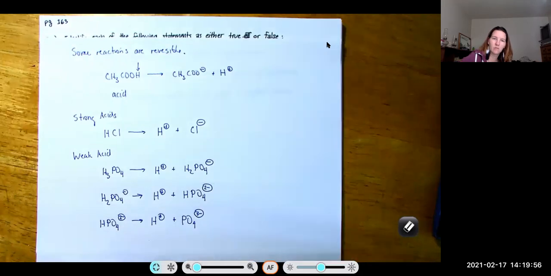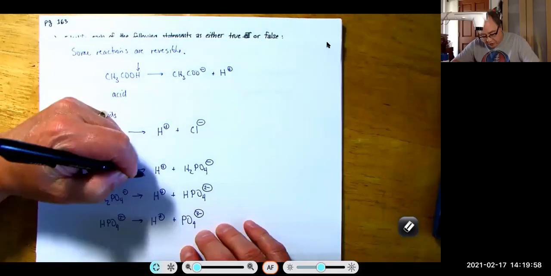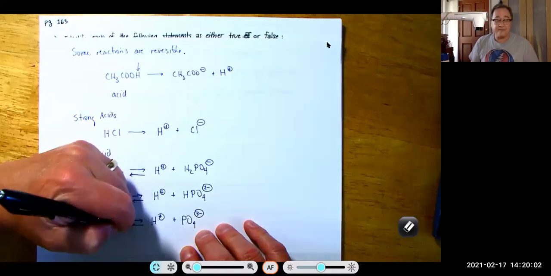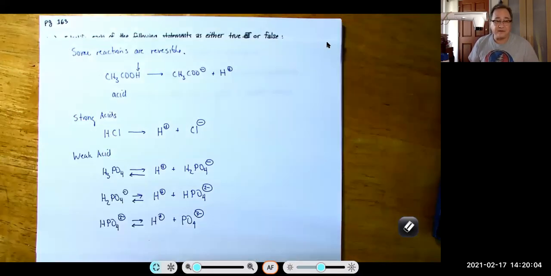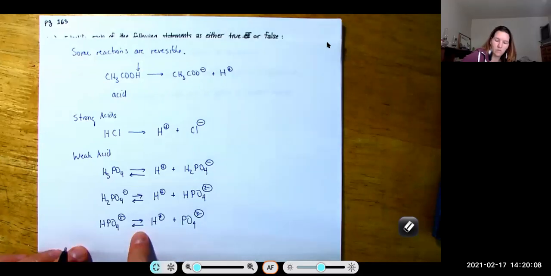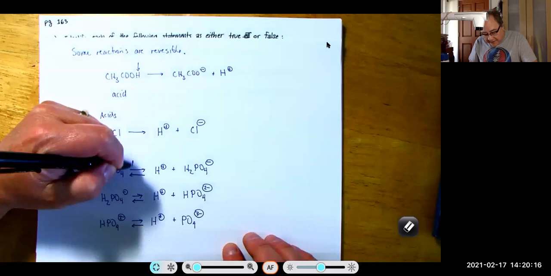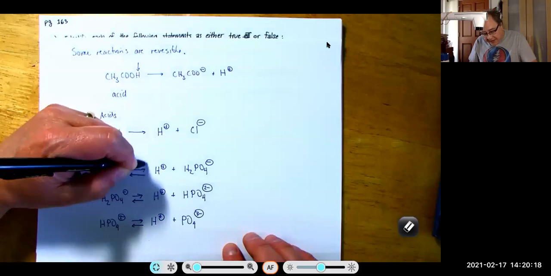Okay. Now, here's how we show this in chemistry. Do you see what I've done here? Yeah. So we use 2 arrows, one going one way and one going the other, because in this reaction, you have the forward reaction happening and you have the reverse reaction happening.